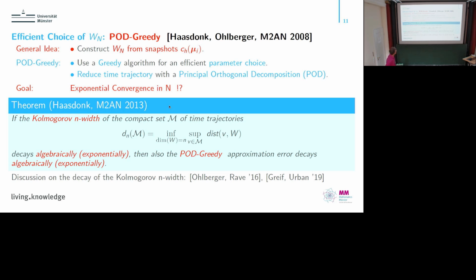And with this result, of course, the applicability of these methods relies on the decay of the Kolmogorov widths, because this is not always decaying fast. So we know that if we are in the case of elliptic or parabolic problems with analytic dependence on the parameter, we have exponential decay, or in some cases only algebraic decay, but this is, for instance, not the case for hyperbolic problems where we have discontinuous solutions.